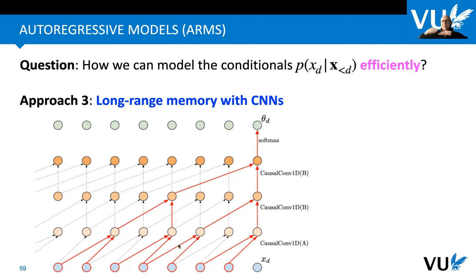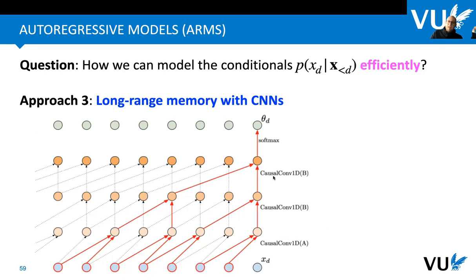And by stacking such causal convolutional layers, as they are called in this slide, one-dimensional causal convolutional layers, and also having dilation, if you remember what that is, so how many pixels between windows we have, enlarging them, we can have a very effective way of looking at previous pixels.